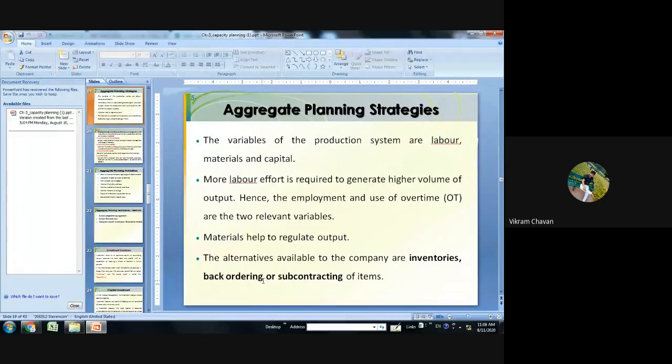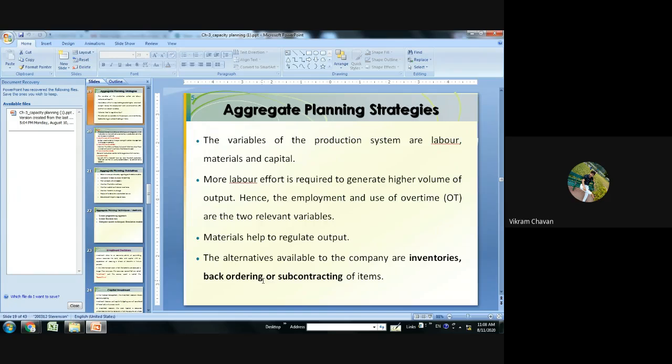And we know that to produce more goods, we require more raw material, or more volume of raw material. So to regulate this output, we have to regulate the inventory and the raw input also. So these are the variables we have to consider while forming the policies related to aggregate planning.